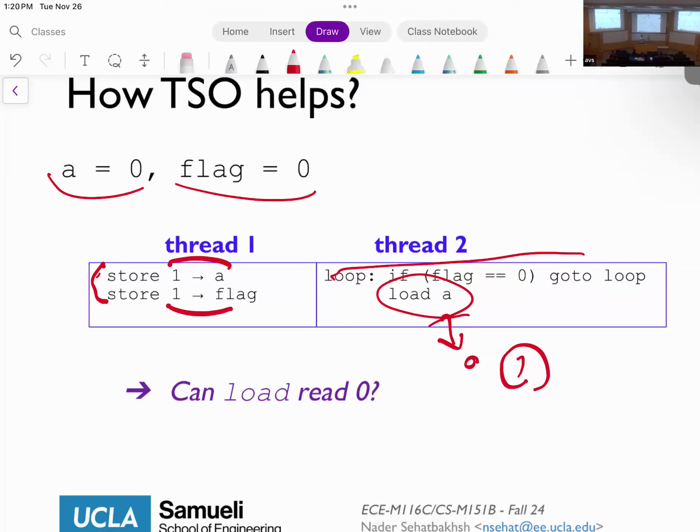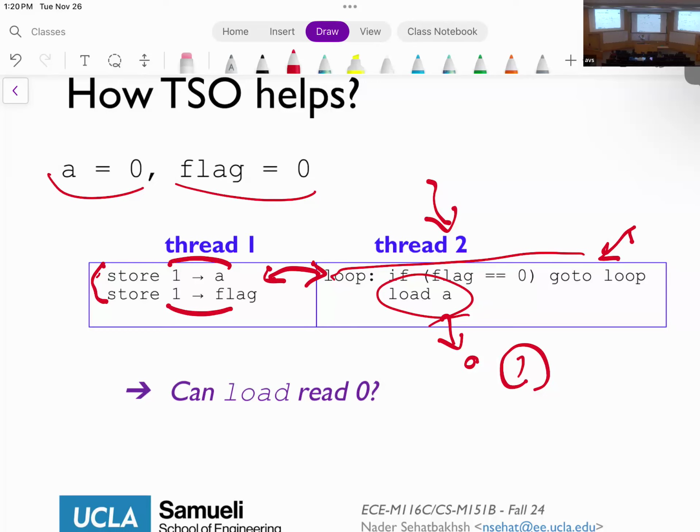That's the guarantee TSO gives you: stores are in order, so if this thread sees flag equal to 1, then A equal to 1 has already finished. Although, for example, the ordering of these two guys might be different, the second part might run first.